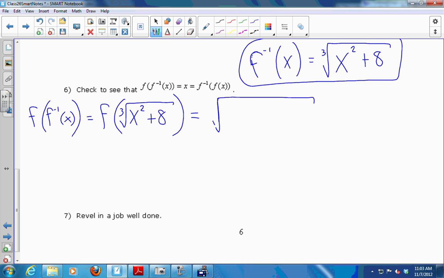Instead of x cubed, it's going to be this input cubed. Square root of this formula cubed minus 8. So in the formula for f, this was the x, and I replaced it with this formula.